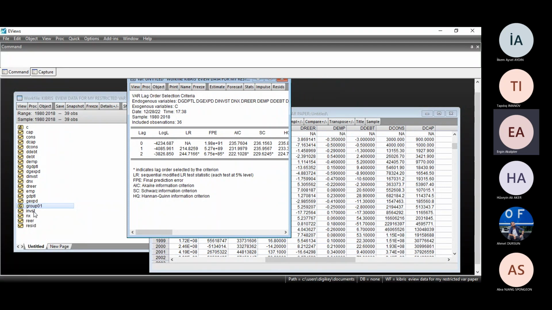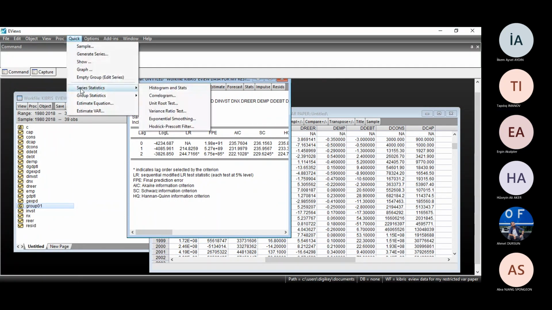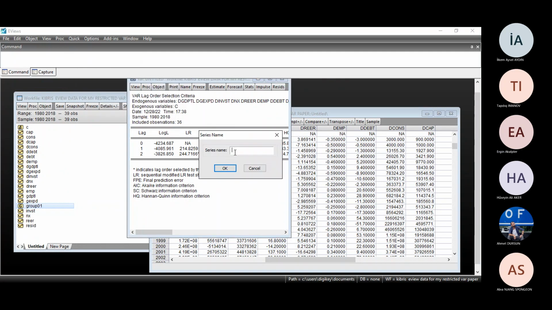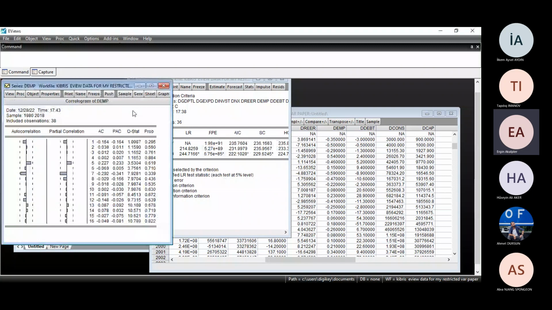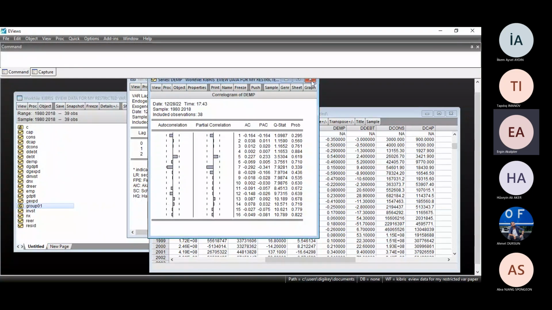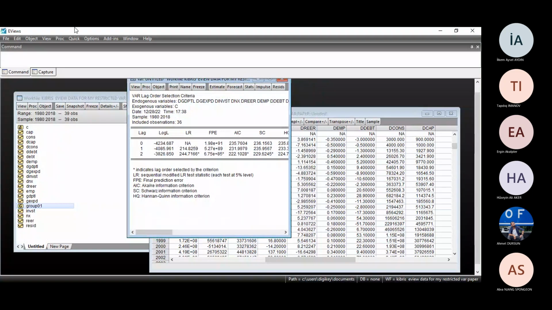We will go to the investment. It is again stationary for the first difference.